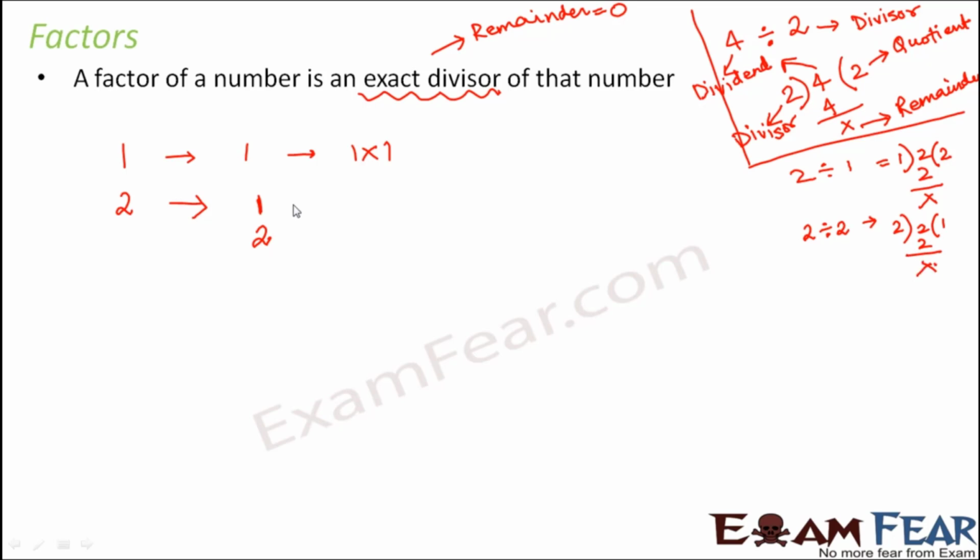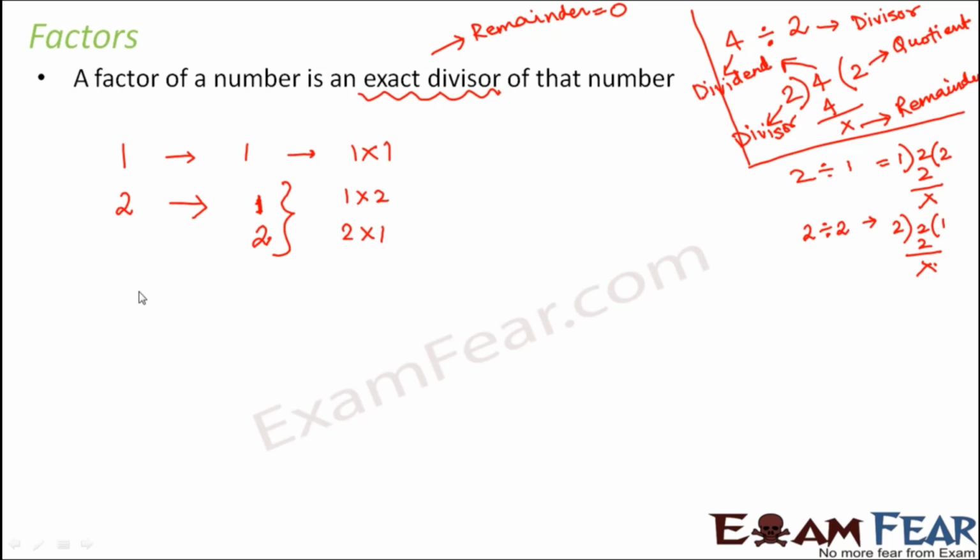So here also this is an exact divisor. So basically 1 and 2 are factors of 2. And that is why 2 can be written as 1 into 2. This can also be written as 2 into 1. Because if 1 divides 2 exactly, that means 1 multiplied by something should be equal to 2. And that something is 2.